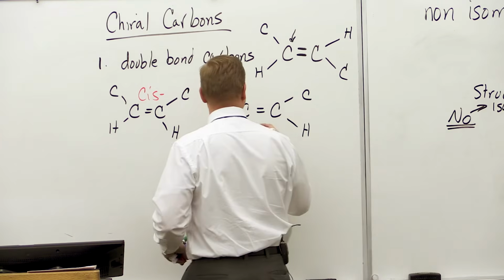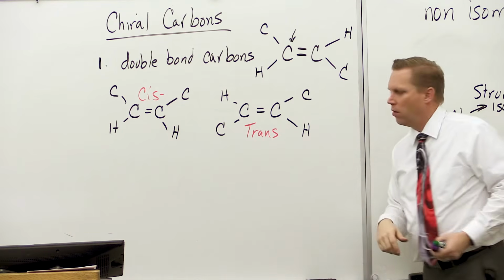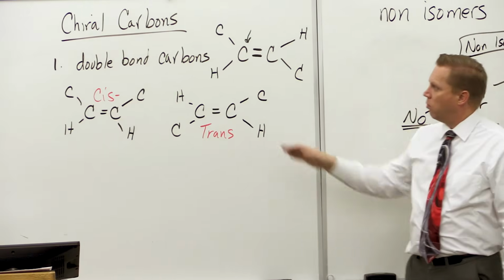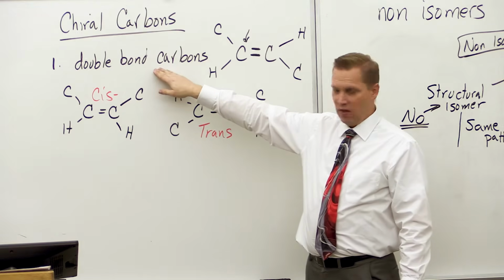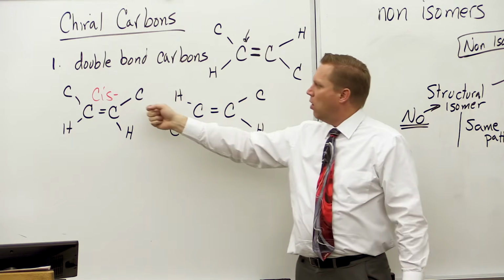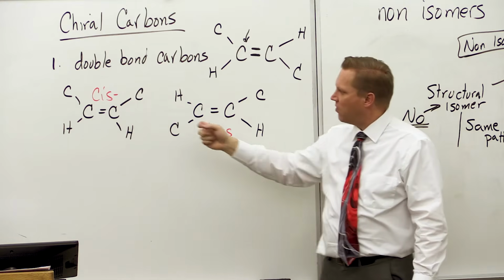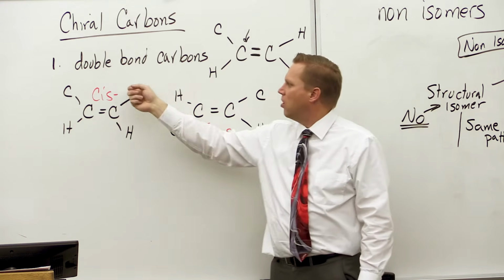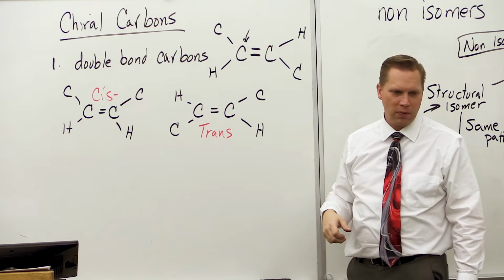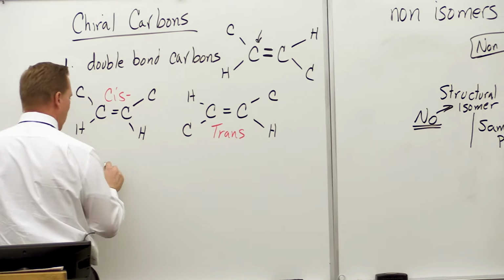And this is called the trans conformation, or trans double bond. So one form of chiral carbon is double bond carbons, and because that bond cannot rotate, the atoms that are attached to the carbons become fixed in space, and so you have two possible orientations. You have a cis orientation, or you can have a trans orientation. Okay? This then becomes the basis for what we call geometric isomers.